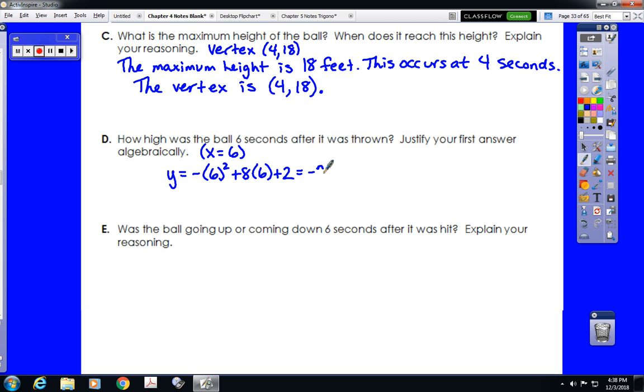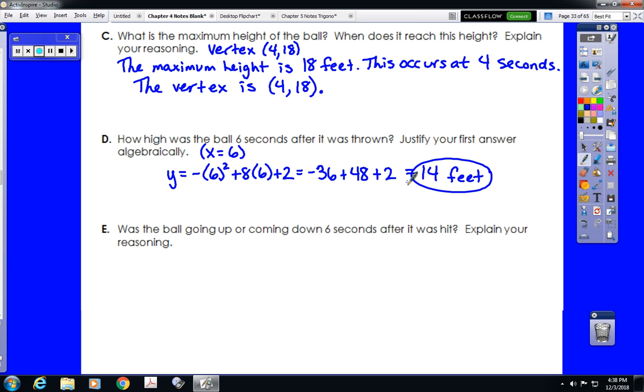That'd be negative 36 plus 48 plus 2. That would be 12 plus 2, or 14 feet. We've shown our work. That justifies algebraically.